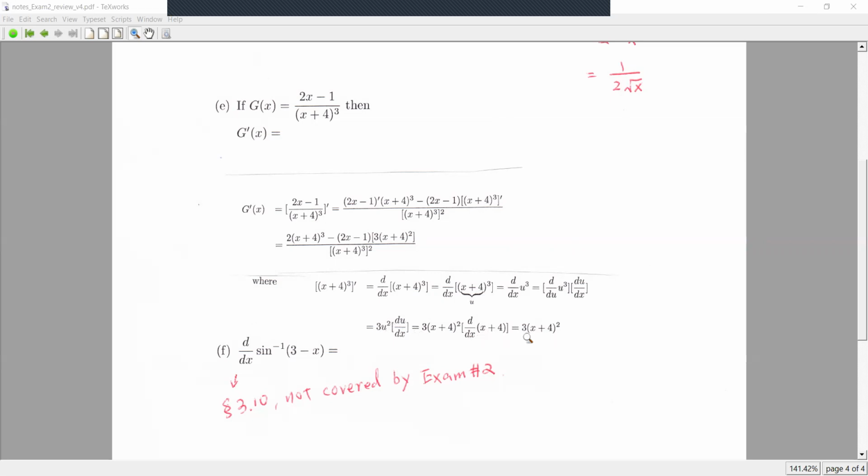Therefore, this is the derivative of x plus 4 to the third. Plug in the result here, then I have this equation. I can stop here because problem number 3 doesn't require us to simplify our result.